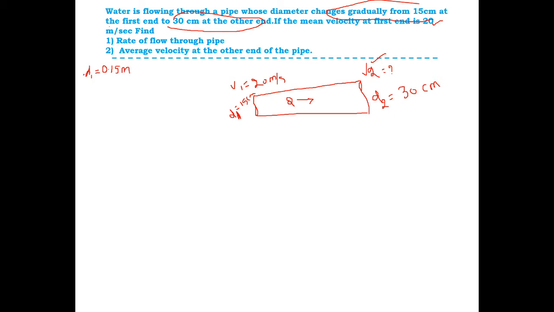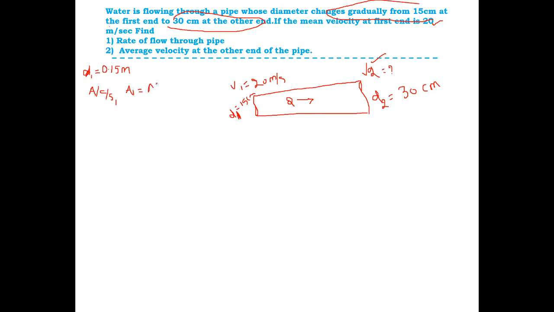Clear? Then you have to find out the area of cross section. Area of cross section at 1, that is A1, is equal to how much? Pi D1 square by 4.